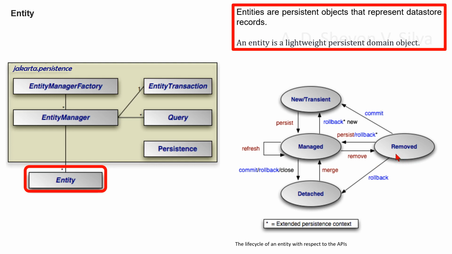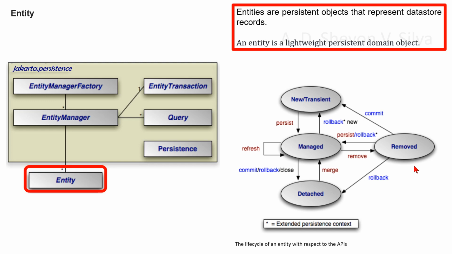If X is a detached entity, an IllegalArgumentException will be thrown by the remove operation, or the transaction commit will fail. If X is a removed entity, it is ignored by the remove operation.